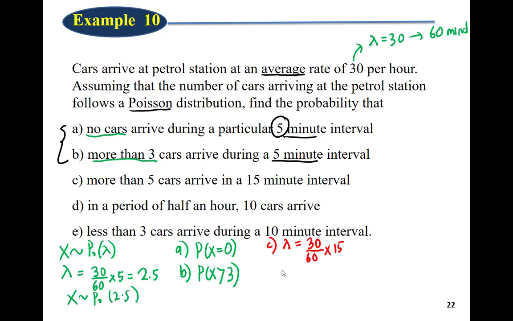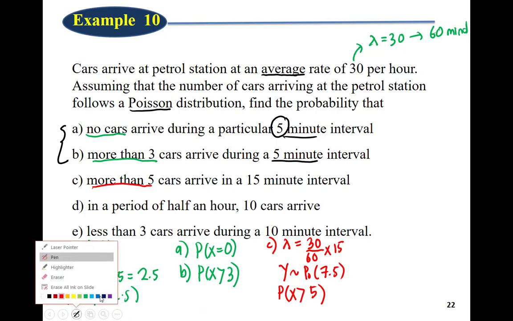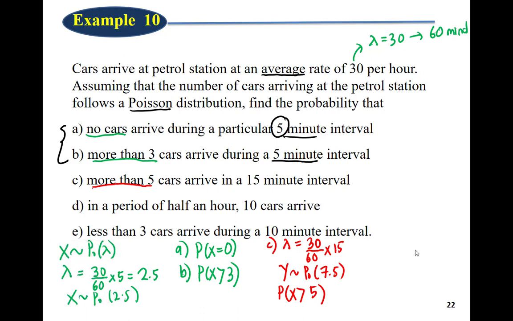So for the new lambda, we let Y be Poisson, and the lambda is 7.5. The question is more than 5. So probability X greater than 5. Then question D and question E.